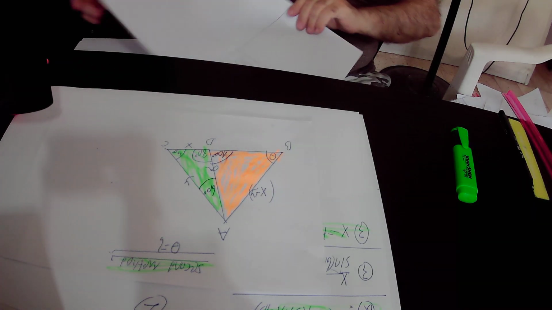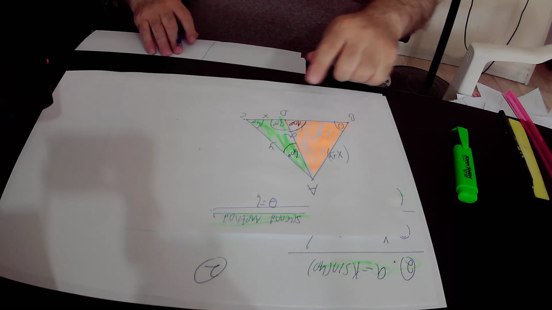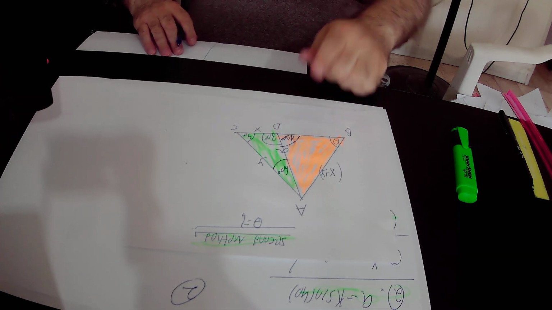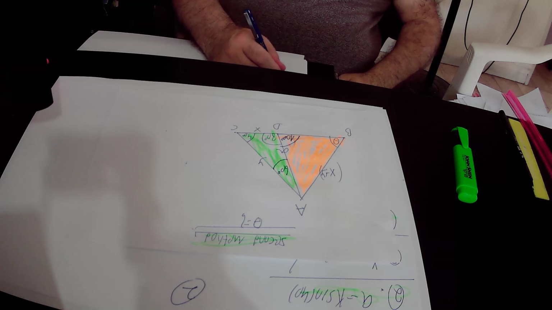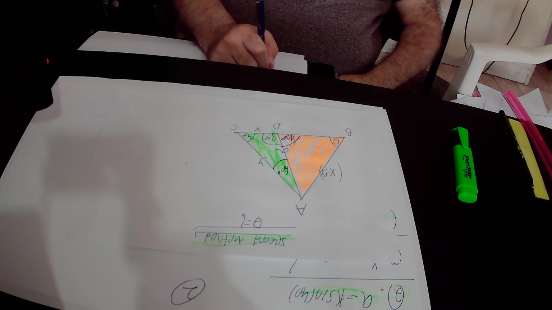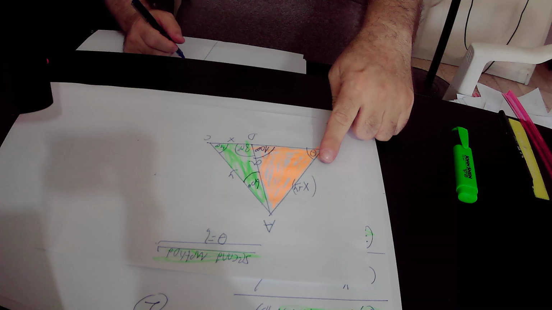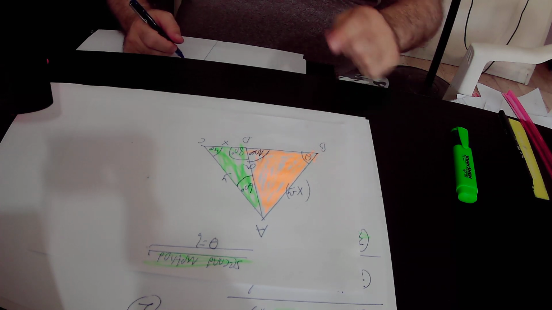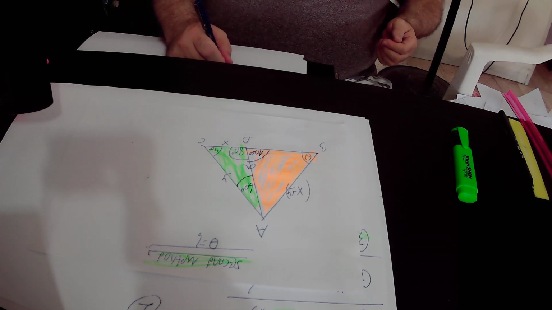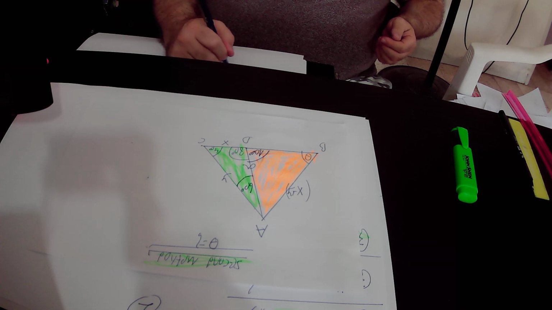Here, AD equals A, so we substitute AD by A, and we get that A over sine theta equals AB. AB equals x plus y, therefore we substitute AB by x plus y over sine 100 degrees.